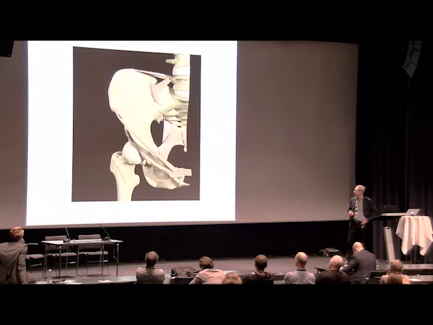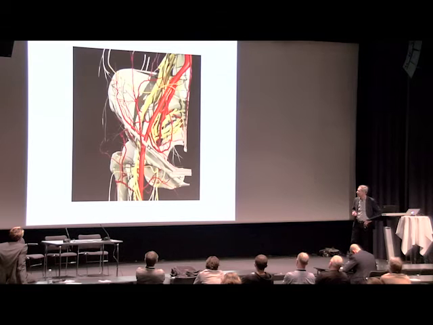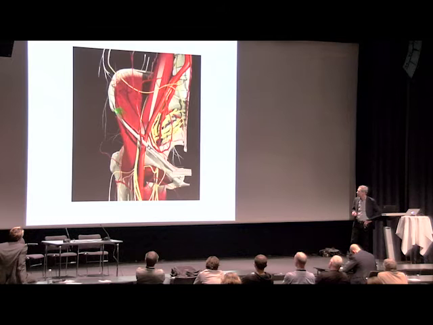This is the right hip joint, and you can see we are dealing with some quite interesting structures here. We have the arteries, the nerves and the muscles. The first approach is the ilioinguinal, so we just move on and go into the joint and do the operation from this approach. It's a little dangerous.